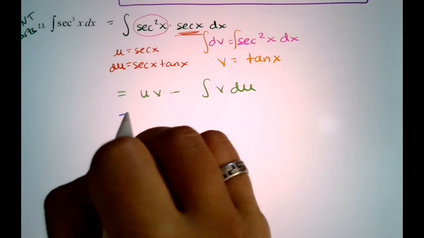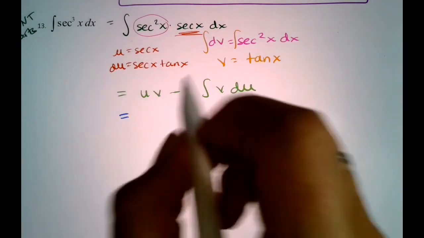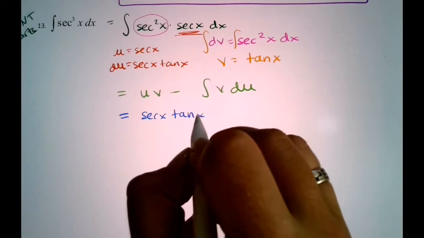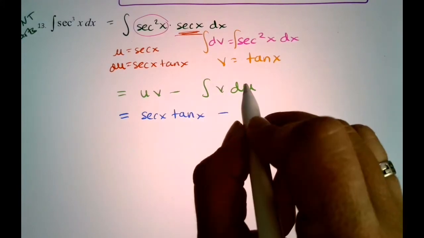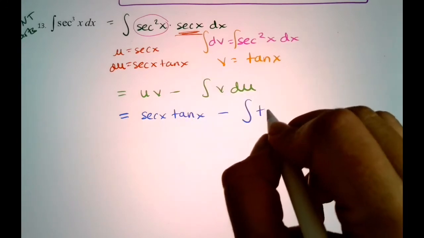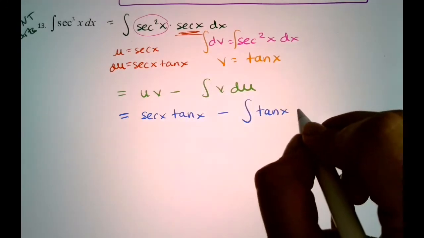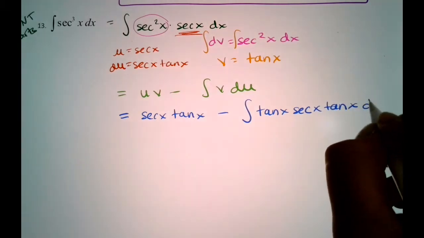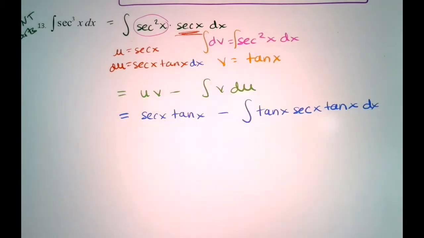Part of my antiderivative is just u times v, so that's secant x tan x, minus the integral of v du. Okay, v du would be these guys together: tangent times secant x tangent x. There should have been a dx up there.